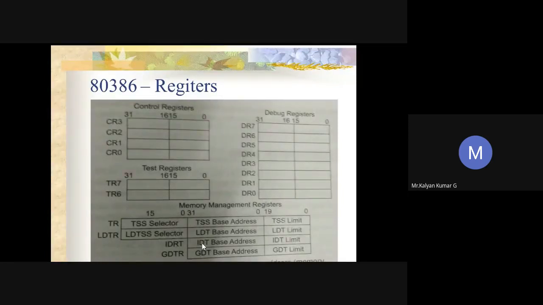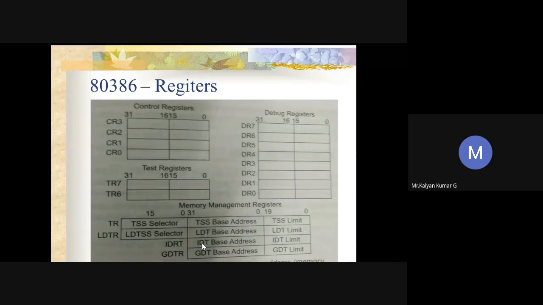In this diagram you can have an overview. Here we have four control registers at the top left corner, all 32-bit. Followed below it we have two test registers, TR6 and TR7, both 32-bit registers. On the top right side, we have the eight 32-bit debug registers.